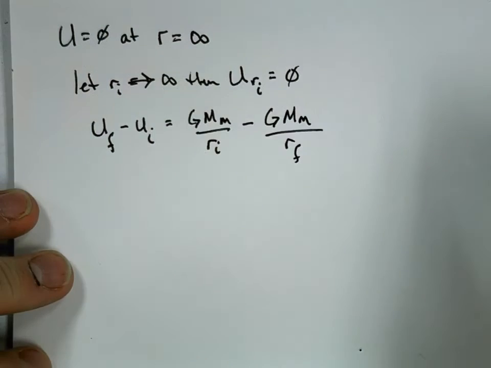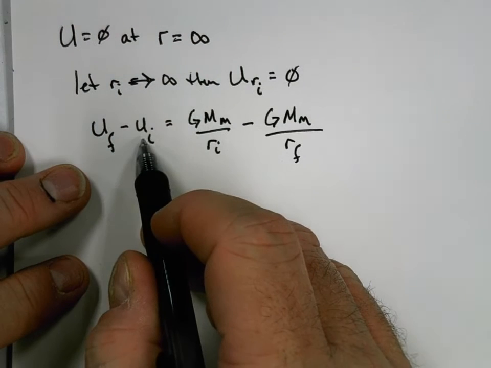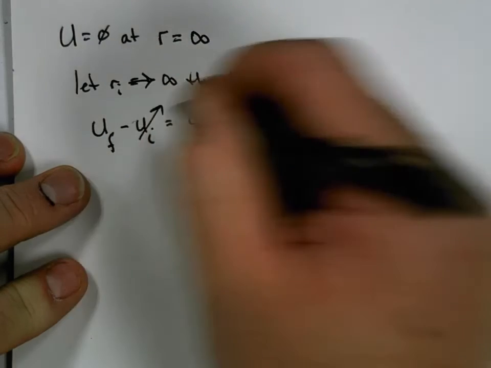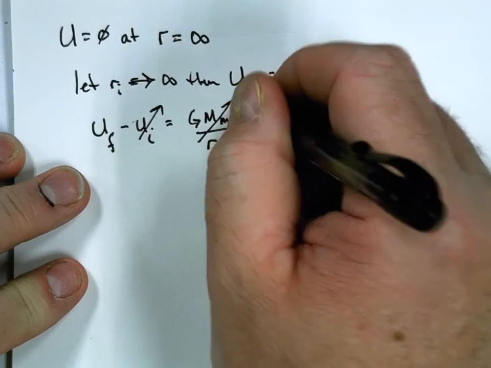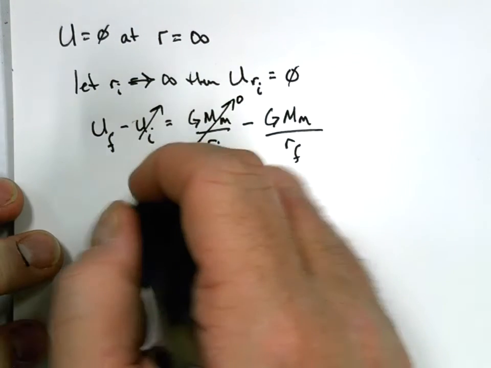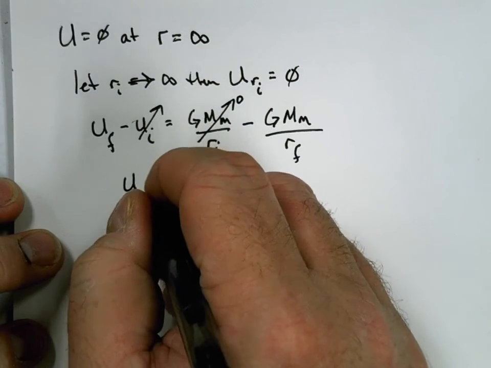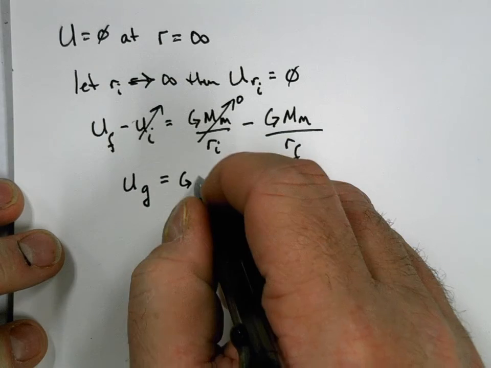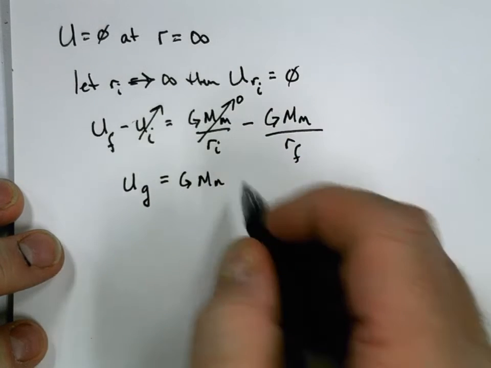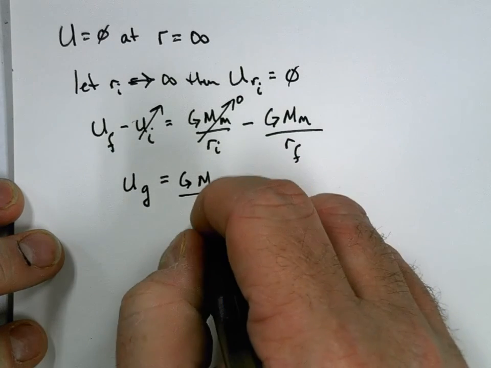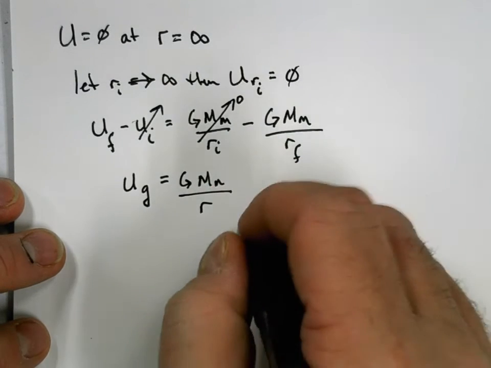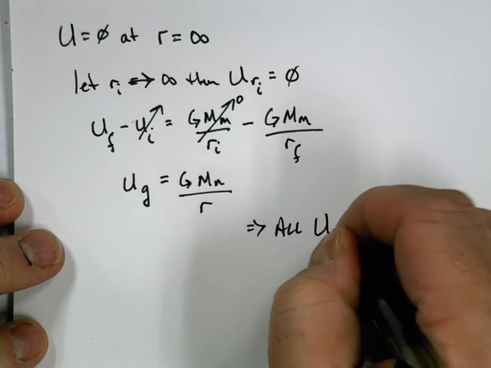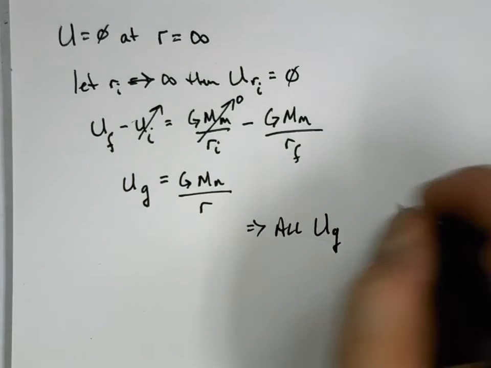And if we said that our U at our initial place equals 0, because this is infinity, then what we are left with is that the potential energy due to gravity is equal to negative G big M little m over R. This means that all potential energy due to gravity is negative.